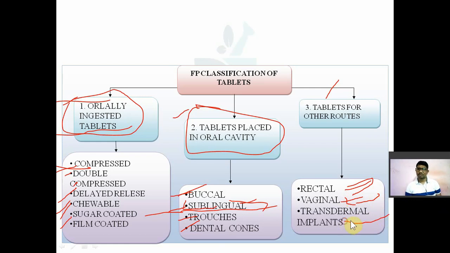Then transdermal implants. So what do we mean by transdermal implants? These are also very small tablets, about 8 mm in diameter. They are formulated as a sustained release formulation, and they are meant for implantation, for placing the tablet below the skin.